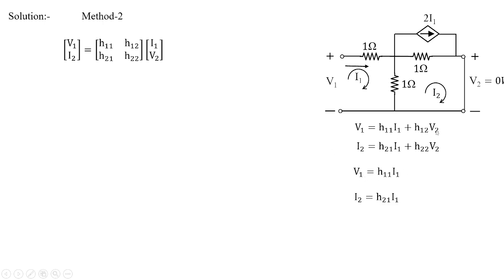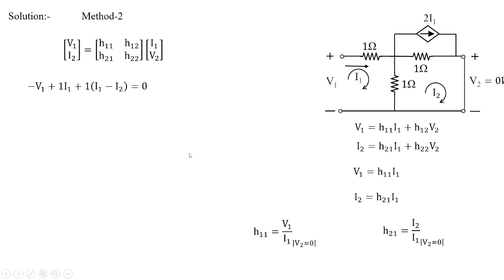And when you make V2 equal to 0, you are left out with V1 equal to H11 I1, and I2 is equal to H21 I1. Okay, if at all you want to calculate H11, this is the standard notation, and H21, this is the standard notation.